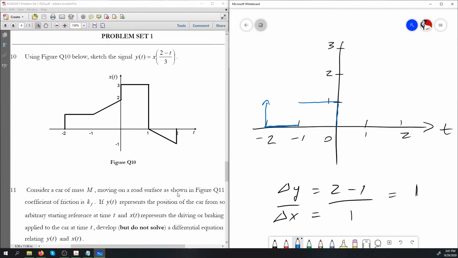So we draw this impulse here to show this. From t equals 0 to positive 1, we have a constant value of 3. And if we differentiate a constant value, we just get a value of 0. So we draw this 0 line here.